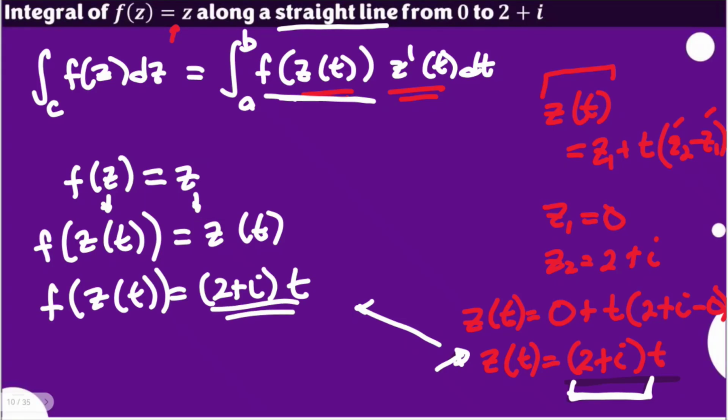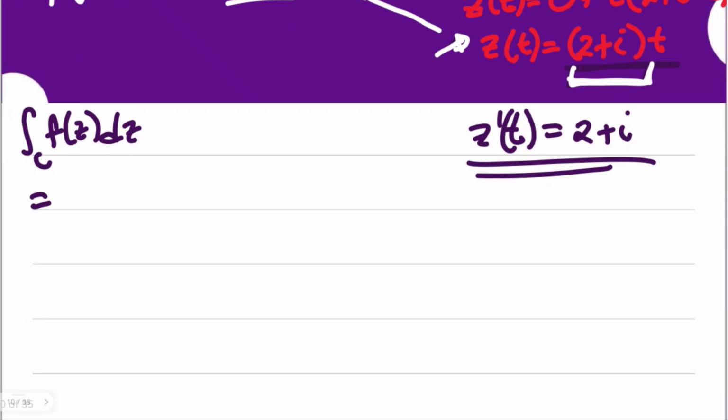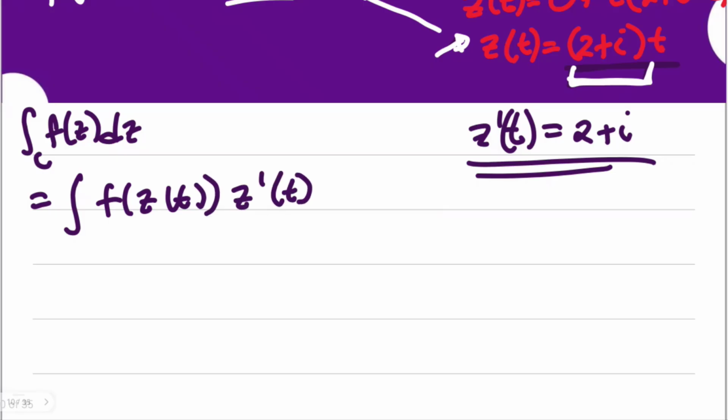Now, both of them are already given. Let us now proceed again to the integration of f of z dz along the straight line from 0 to 2 plus i, which is equivalent to f of z of t times z prime of t dt from a to b.